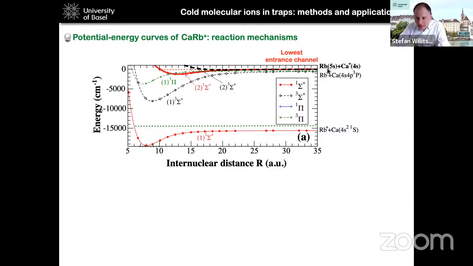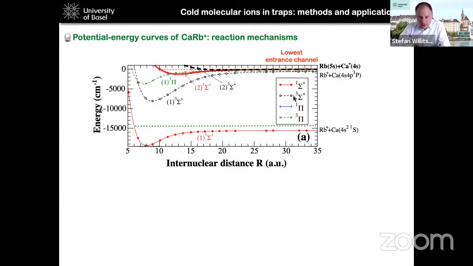So we have rubidium in its ground state and calcium ions in its ground state. This is the lowest collision channel that we can have if both particles are in the ground state. And associated with that, we have that sort of interaction potential, which is this thick red line.